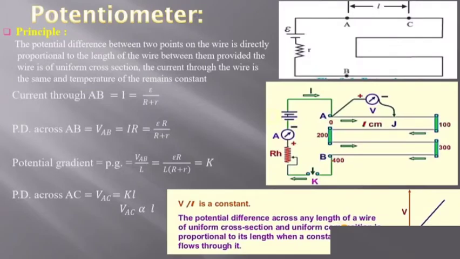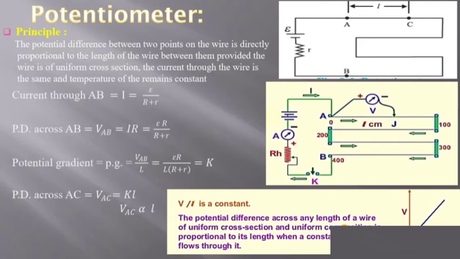Now, principle of potentiometer. A potentiometer consists of a long wire AB of length L and resistance R having uniform cross-sectional area A. The potentiometer consists of a uniform wire AB having length 2 meter to 10 meter long stretched on a rectangular wooden board.